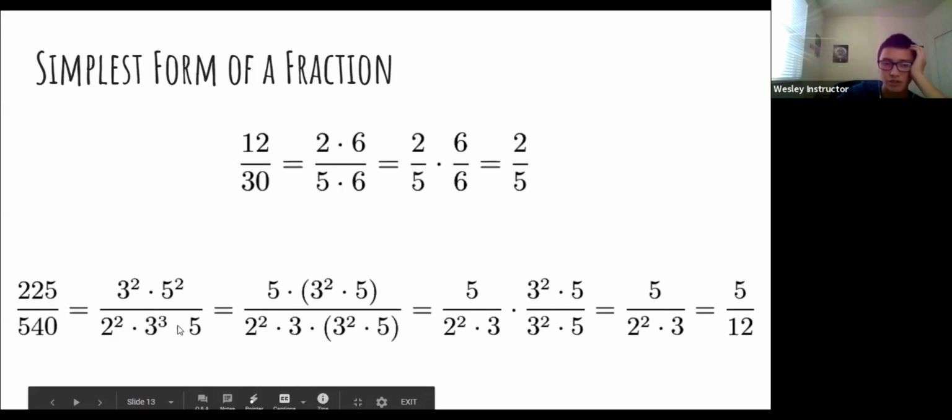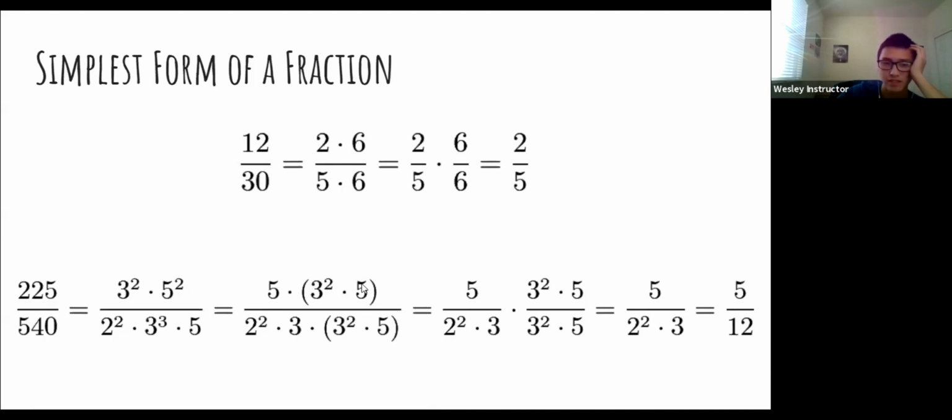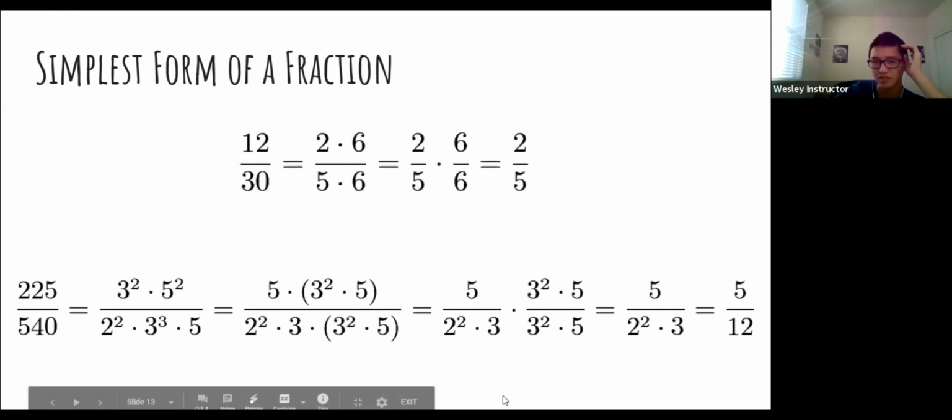For example, with 3 to the third, you can take out 3 to the second, and you're left with a 3. Same thing with 5 to the second. You take out a 5, and you're left with a 5. So cancel this out in the parentheses, and you're left with 5 over 2 squared times 3, times 3 squared times 5 over 3 squared times 5.